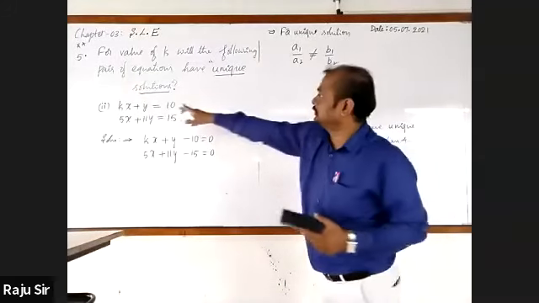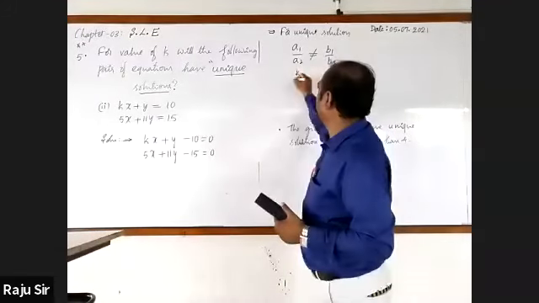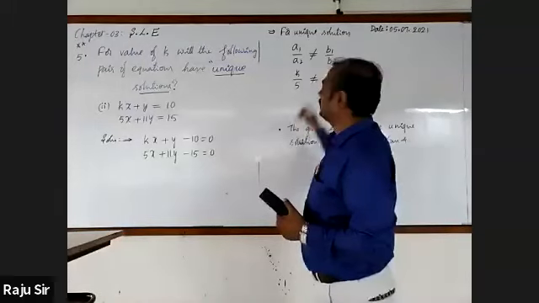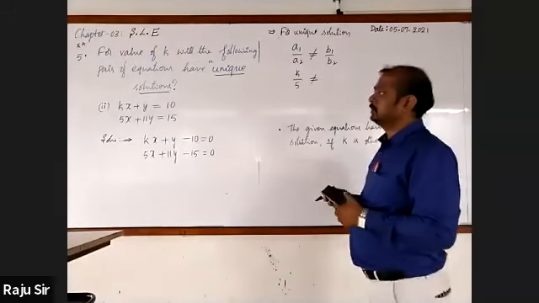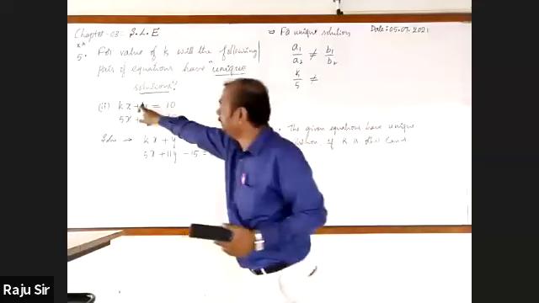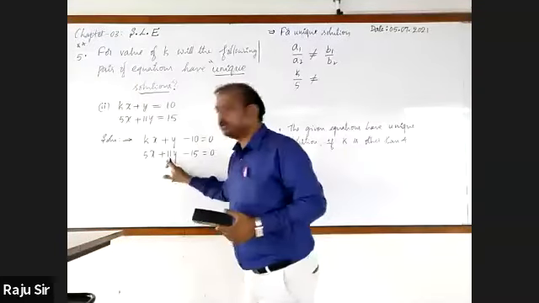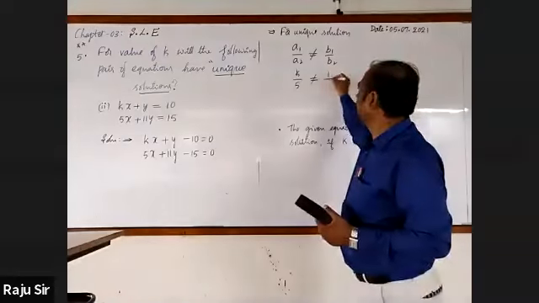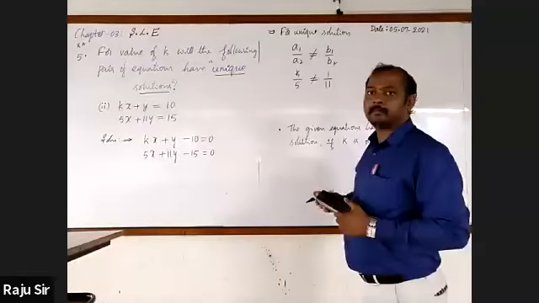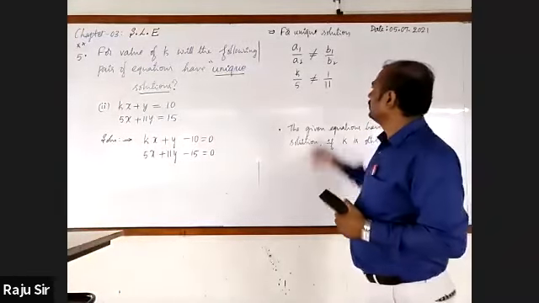A1 by A2, it is K by 5 is not equal to B1 by B2, where B1 is 1 and B2 is 11. This will be 1 by 11. K should not be equal to 5 by 11.